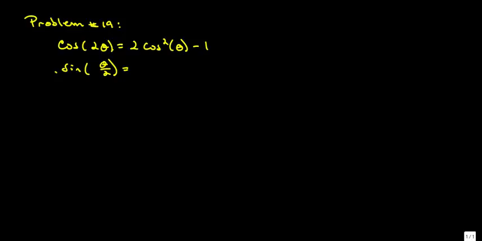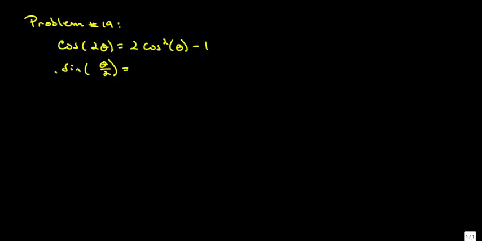Now for the sine, for the half angle, we're going to use a different formula for that. Let me go ahead and grab that. Now I'm going to use the sheet that you guys had in class, that Jesse had found and volunteered for all of you.